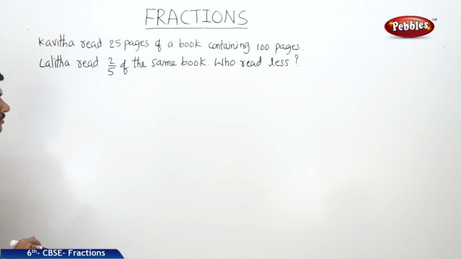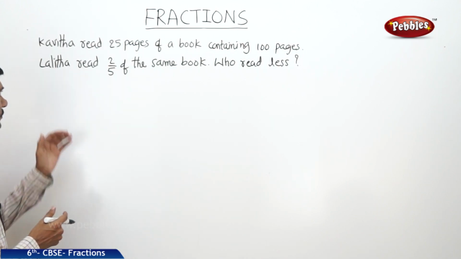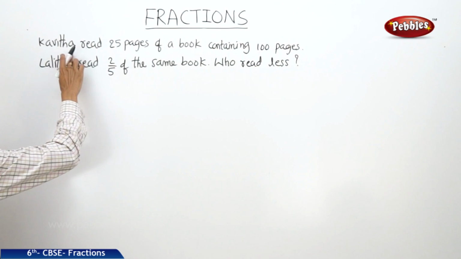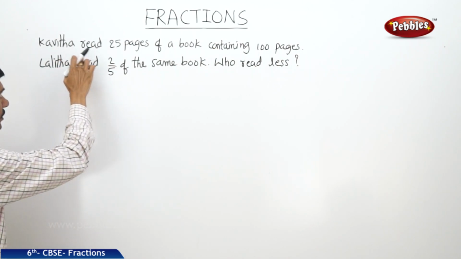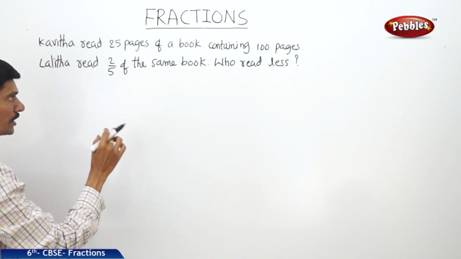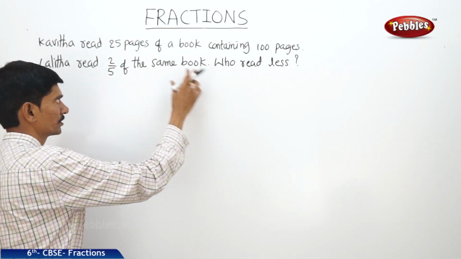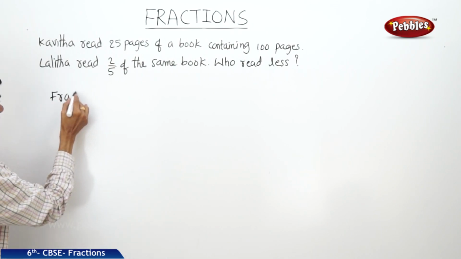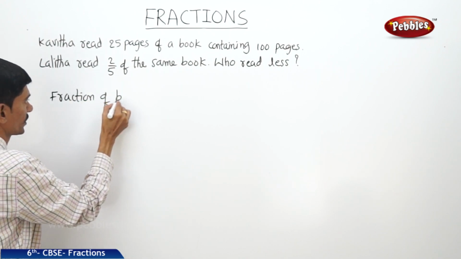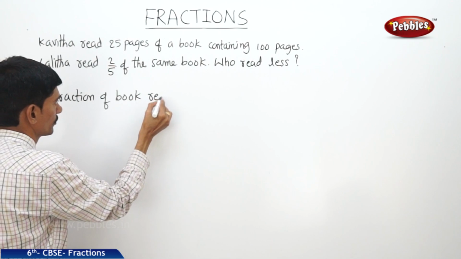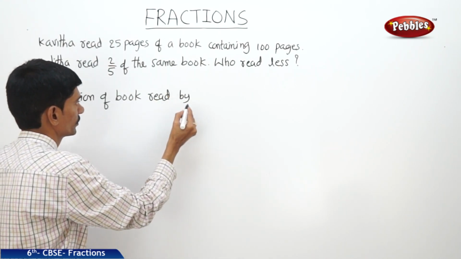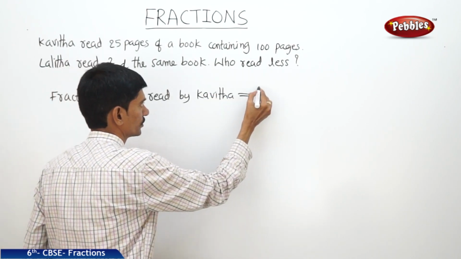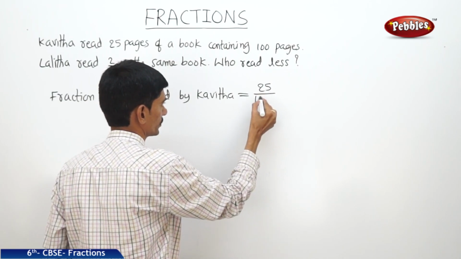Kavita read 25 pages of a book containing 100 pages. Lalita read 2 by 5 of the same book. Who read less? Here the first person, Kavita, read 25 pages of a book containing 100 pages, which means out of 100 pages she read only 25 pages. So the fraction of the book read by Kavita equals 25 out of 100.